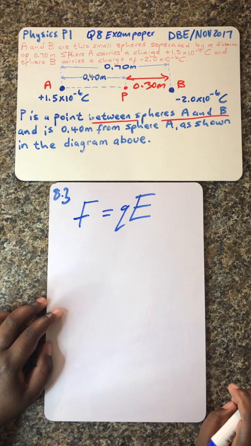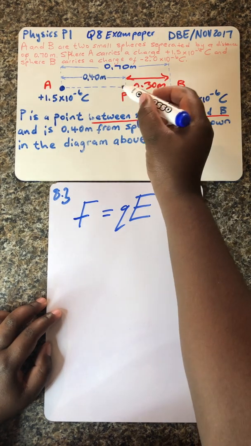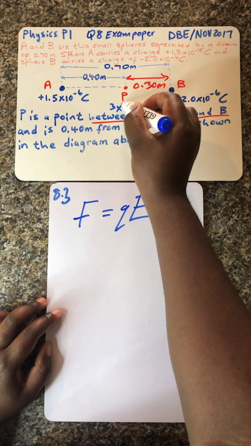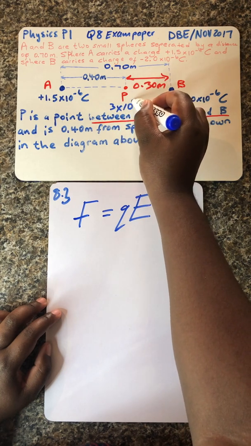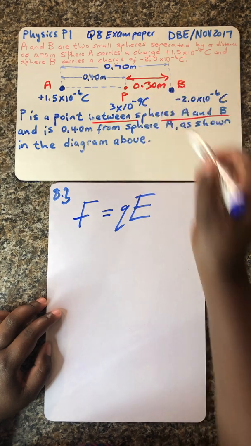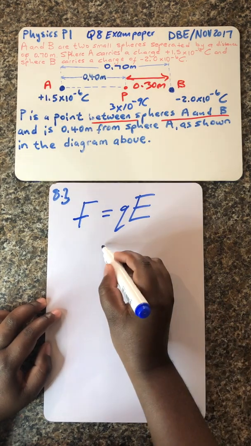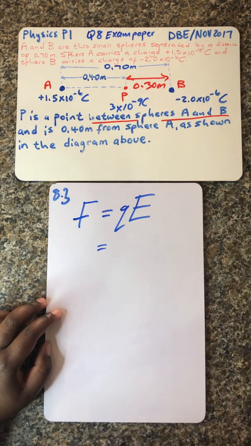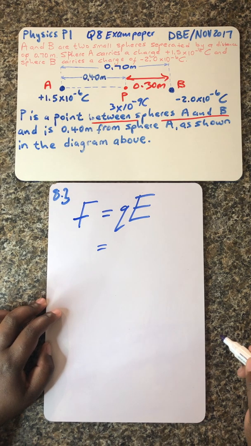So remember guys, they said a point charge of magnitude 3 is now placed at point P. So it's 3 by 10 to the exponent negative 9 coulombs. Okay, so now guys, it's just a matter of substituting. This is not a difficult question.